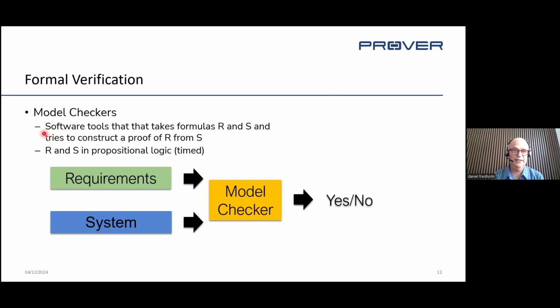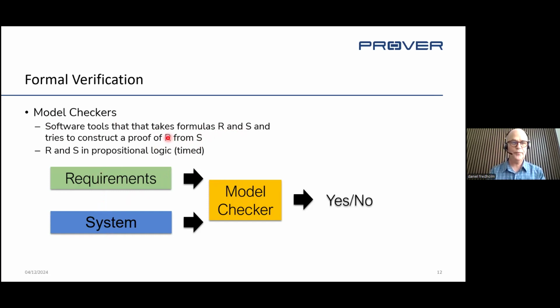So model checkers, as I already said, are a special kind of software which takes formulas R and S and tries to construct a proof of R from S. So you assume something, in this case the system, and then you try to prove the requirements, the R formula.